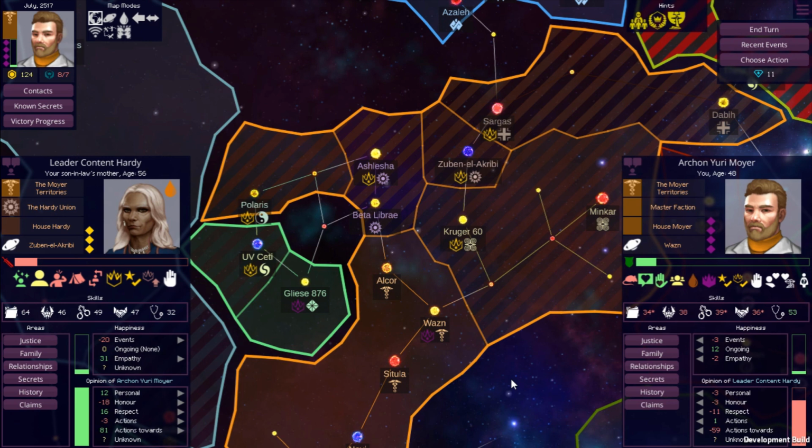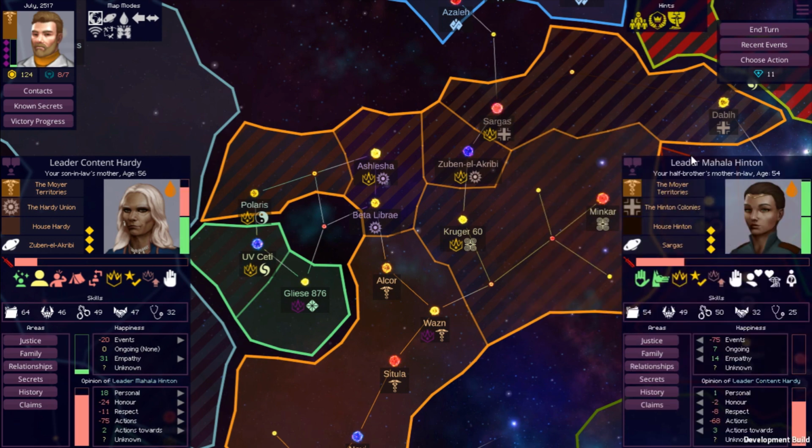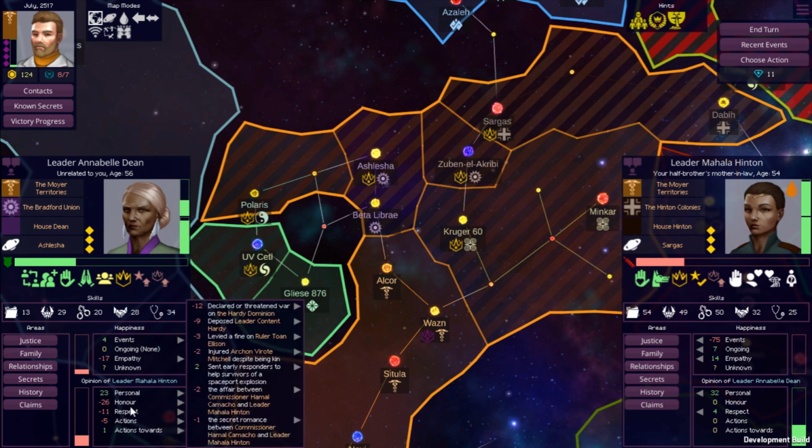Now, another reason for being liked or disliked by a character is your social reputation. So let's bring up leader Mahala Hinton again, and we'll see that social reputation doesn't work based on what you do to a specific character, but everyone in the world will change their opinion about what you've done when you do something that is considered immoral. You'll see, for example, that this leader has a negative opinion of leader Mahala Hinton based on her perception of leader Mahala Hinton's honor.